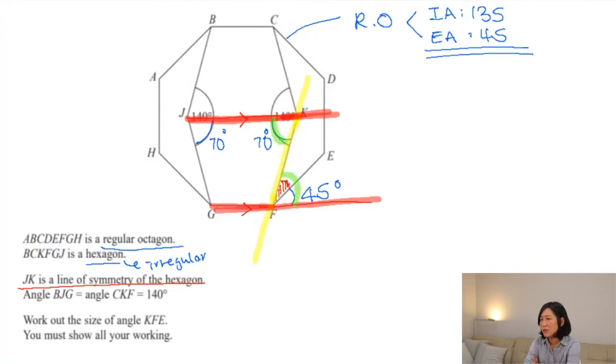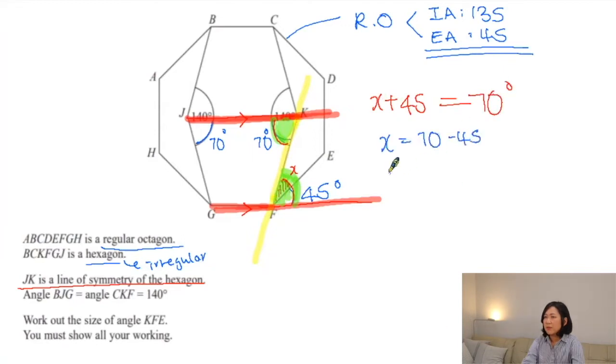So we know that the green angle is 70. That's why we notice that x, our final goal, plus 45 put together is 70. So let's calculate x. x is 70 take away 45. So 25 is our answer. So x is 25 degrees.